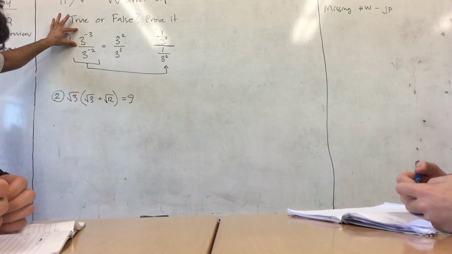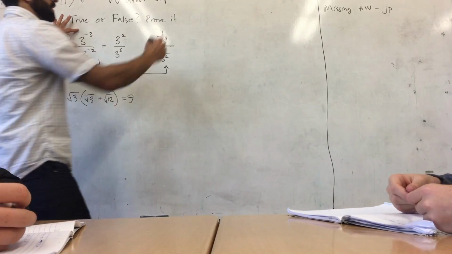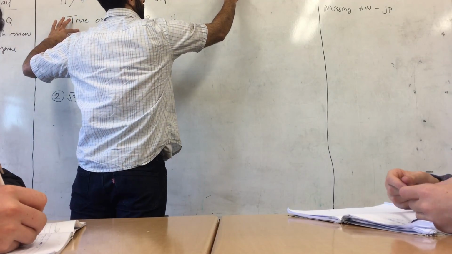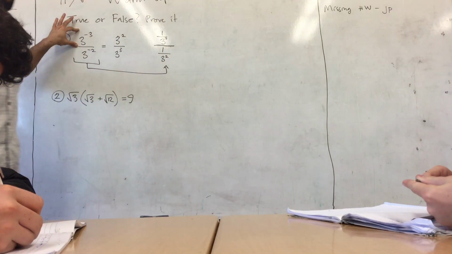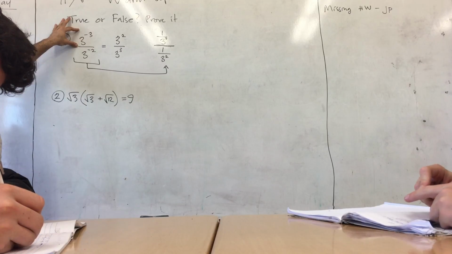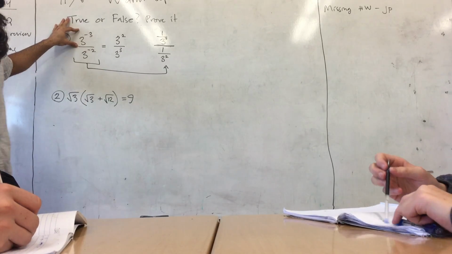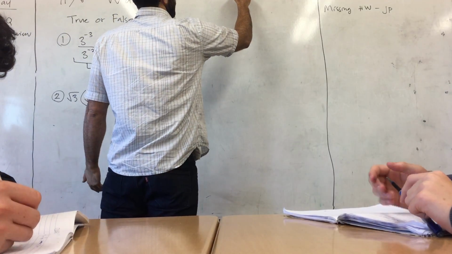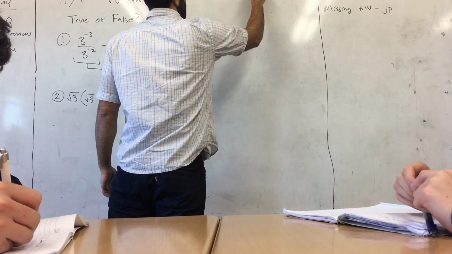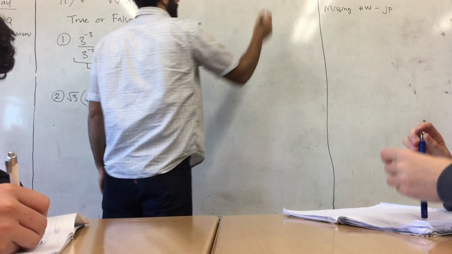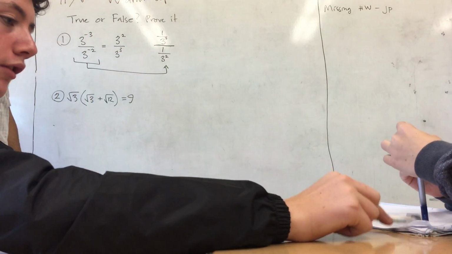Okay, this is what we went over yesterday. What does this mean right here? It's going to be 3 times -3 times -3 -3. Okay? Why did we do all that yesterday? This means this.